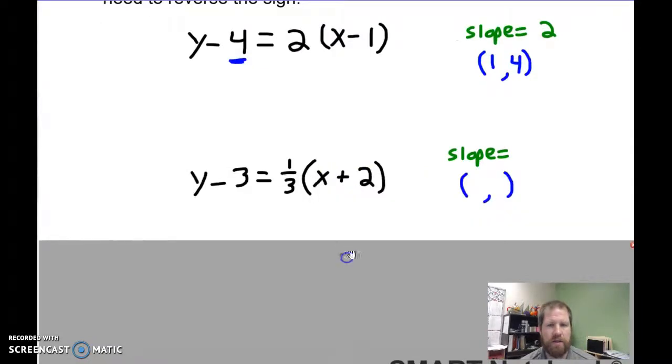But when we get into a situation where we have addition here, first of all, our slope is 1/3. But we've got addition here.